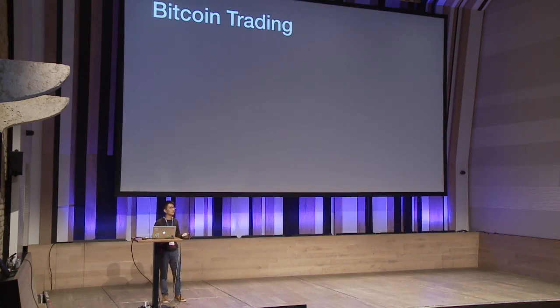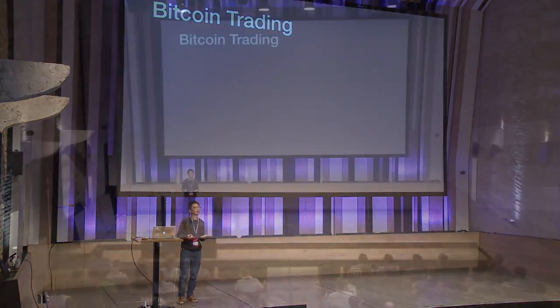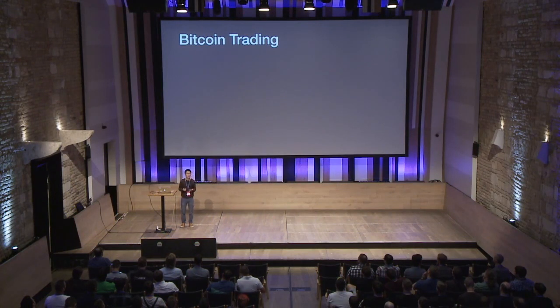So suppose each of us are given one Bitcoin, which is worth $7,000 right now. How do we make more money out of it? We can trade Bitcoin. And to make a profit, you need to buy low and sell high. But how do you know when to buy and sell?